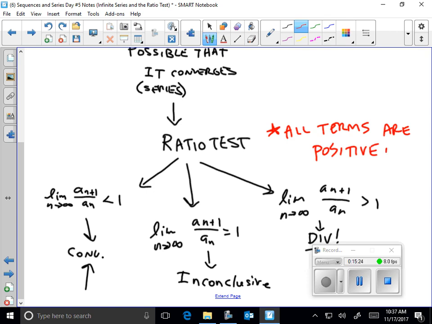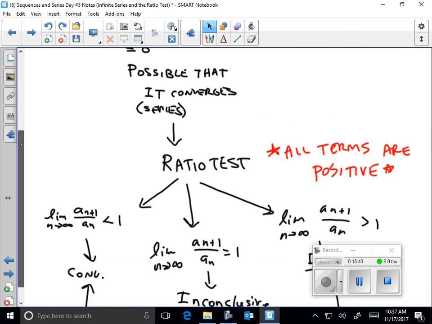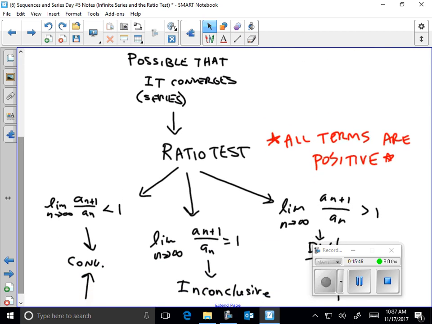Okay, and if there's an alternating sequence where you got a positive and a negative and a positive and a negative, we're going to get to the alternating test next chapter. So there is another layer of discretion involved, right? Not only would the limit of the sequence have to be 0 to be a candidate for the ratio test, but all terms have to be positive.